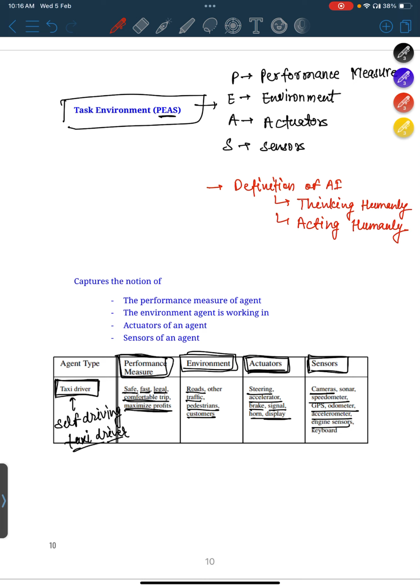Thinking humanly might not be a good idea because we don't know how humans exactly think. The human mind is a complex process which is hard to understand. We need to take some brain imaging or do some psychometric tests. But that will give you some idea of how humans think, but not the internal core mechanism of how brains work.